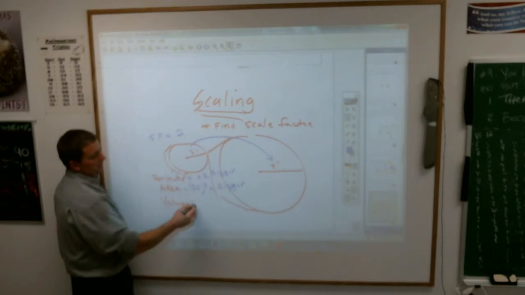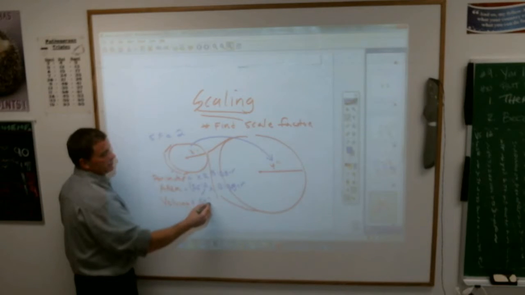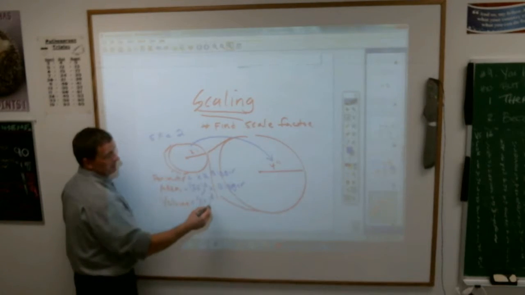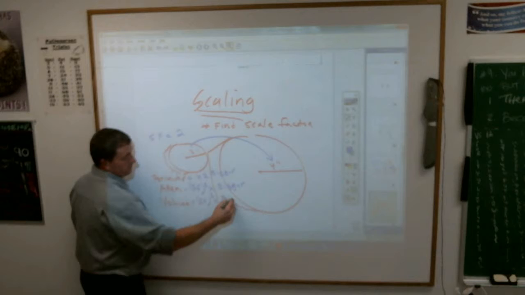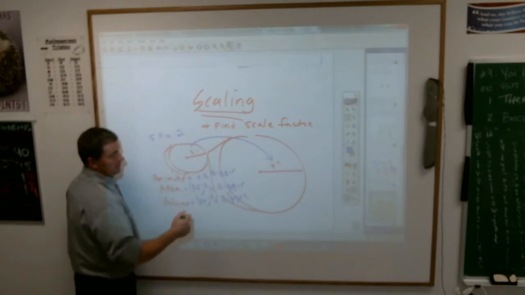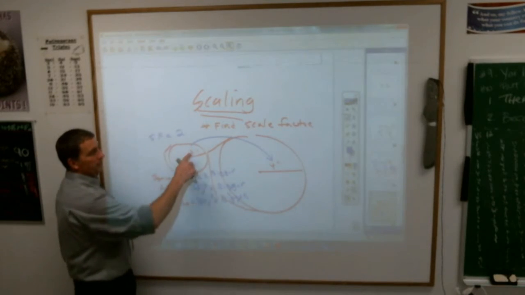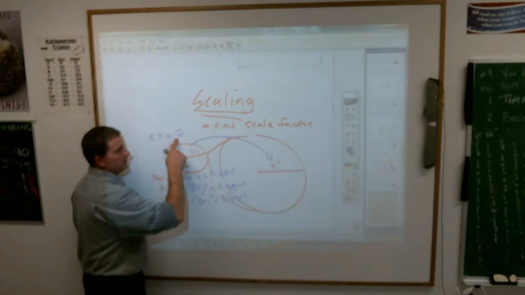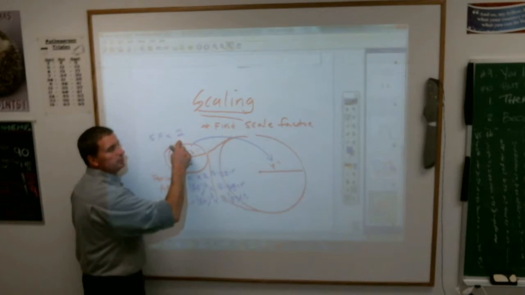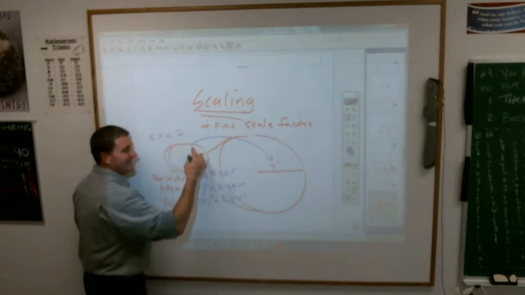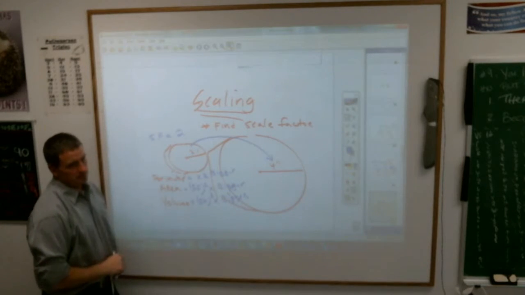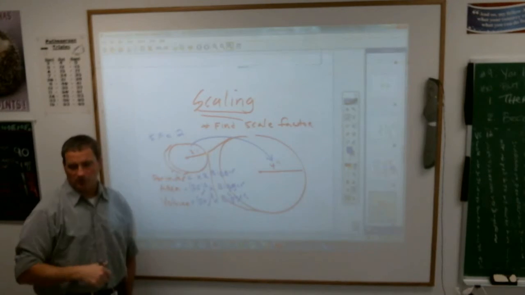And the volume is the scale factor cubed times bigger. In other words, the volume of this next one will not be 2 times bigger, but 2 cubed. What is 2 cubed? 8 times bigger. It's not necessarily something you think of logically.